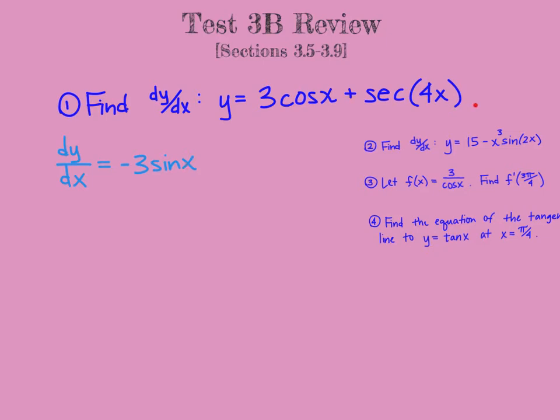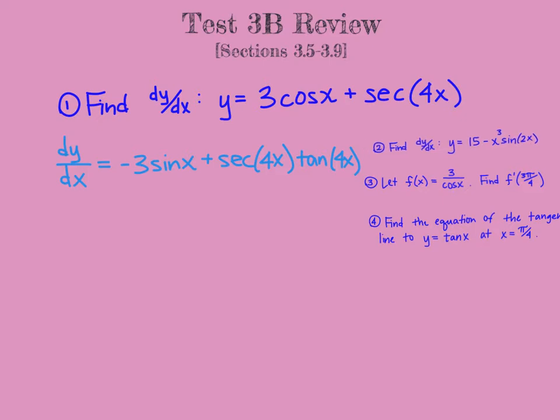Here in the second term, we have the secant of 4x. Here we do need to use the chain rule because our inside function is 4x. It has a derivative that's not just 1, its derivative is 4. So our secant derivative is secant tangent, or tangent secant, whichever way you'd like to write it. So it's going to be plus secant of 4x, we don't change the inside function, and then the tangent of 4x.